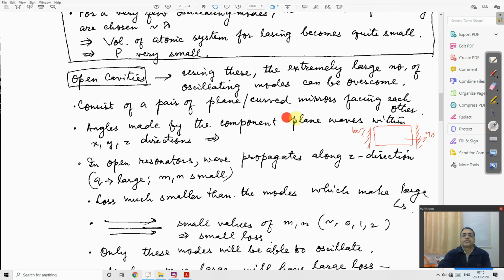It consists of a pair of plane or curved mirrors facing each other. The angles made by the component plane waves with the x, y, and z directions must not be very large.